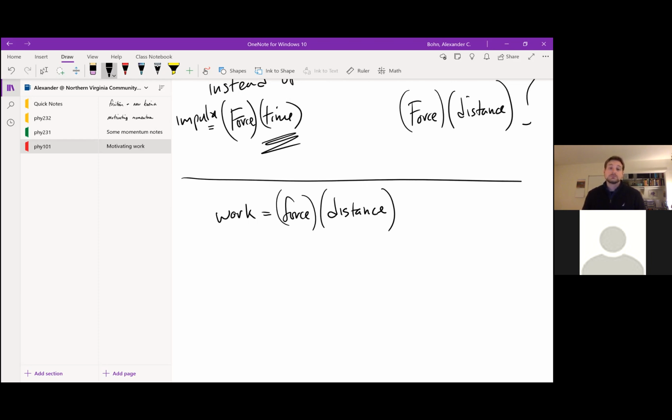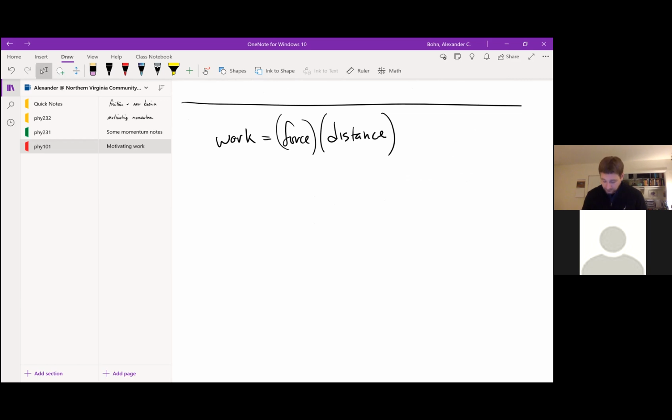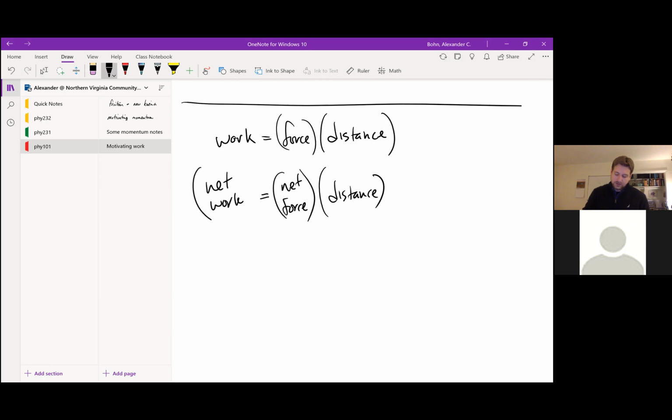So if we talked about the net force that acts for some distance, we could call that the net work, the sum of all the work, I guess. What would that relate to? Well, net force is, according to Newton's second law, mass times acceleration.